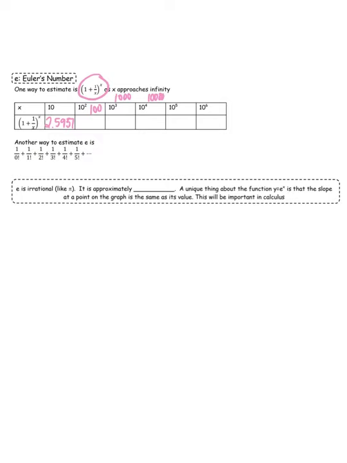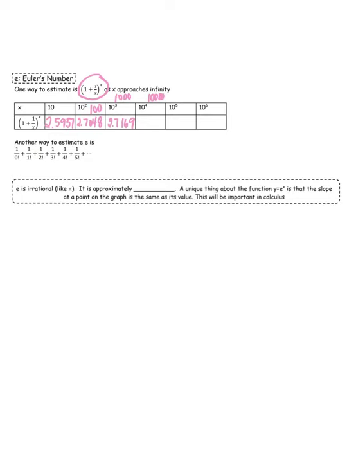Okay, then I'm going to plug in 100 for x, 10 squared. So if I plug in 100, 1 plus 1 over 100 raised to the 100th power, I get 2.7048. Now I plug in 1,000, which is 10 to the third power. I plug that in, 1 plus 1 over 1,000 raised to the 1,000th power. I get 2.7169.